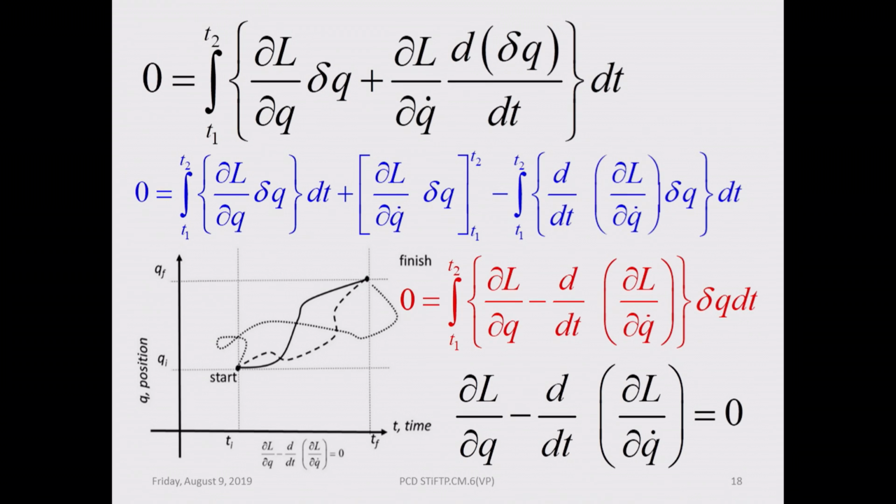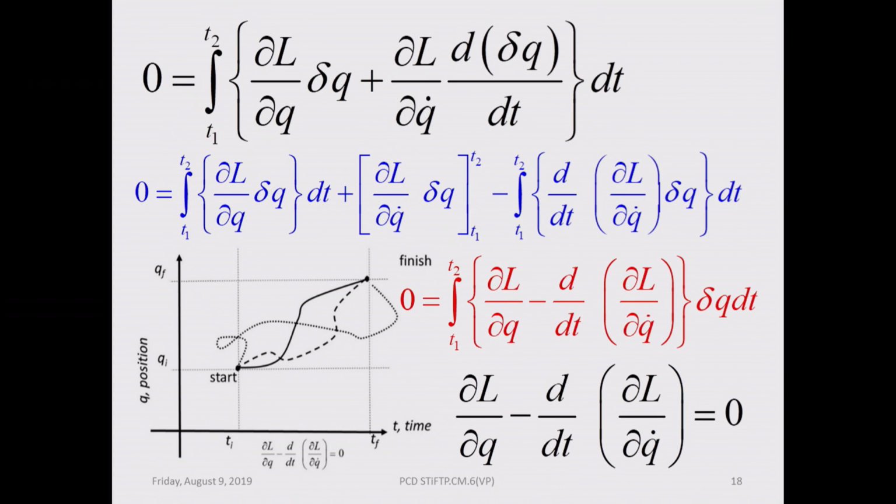Del L by del Q dot is the rate of change of the Lagrangian, it is a partial derivative because it depends not only on the velocity, it also depends on position. So for a given position, how does the Lagrangian change with the speed? Okay, so that is del L by del Q dot, and its time derivative, how does that quantity evolve with time? So this quantity del L by del Q dot is what is called the momentum.